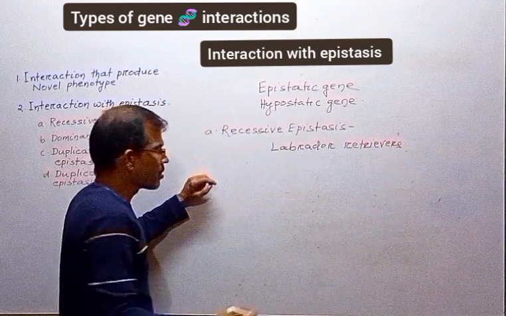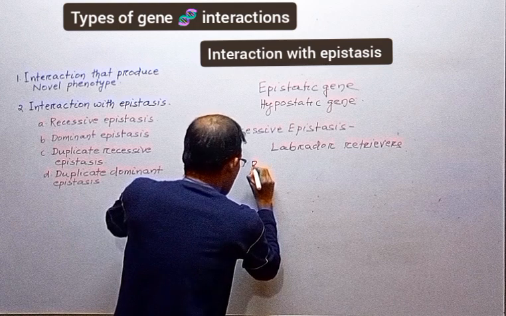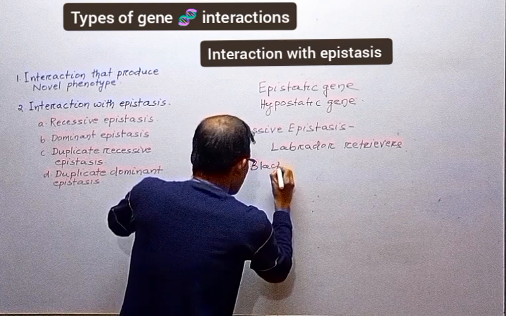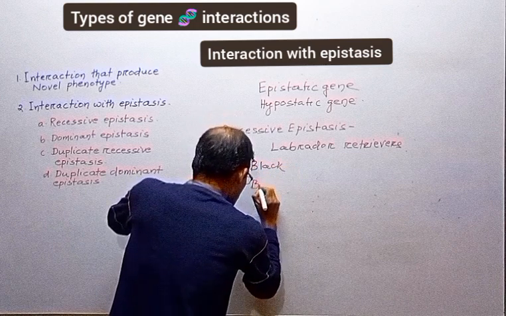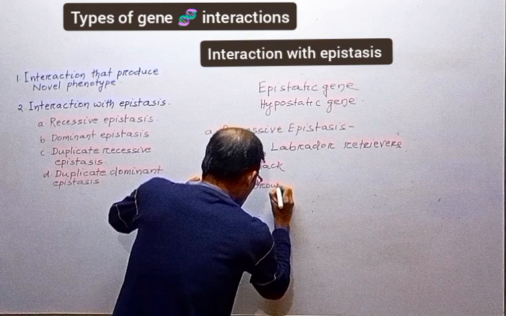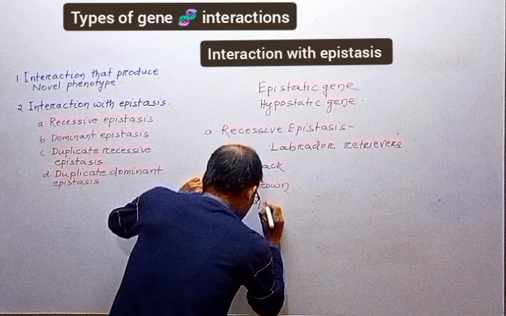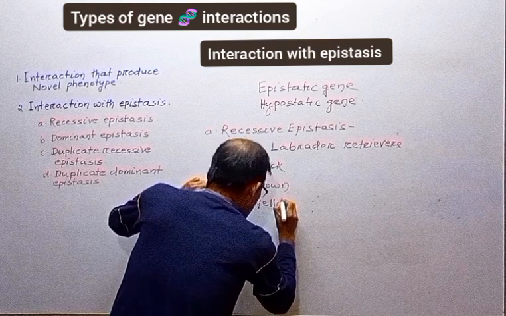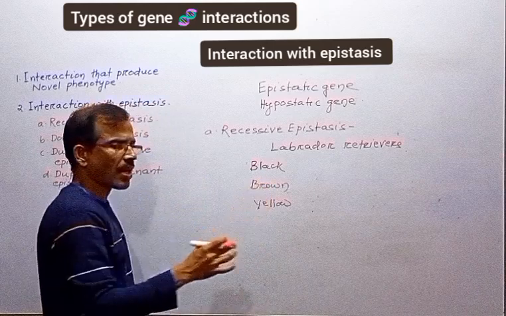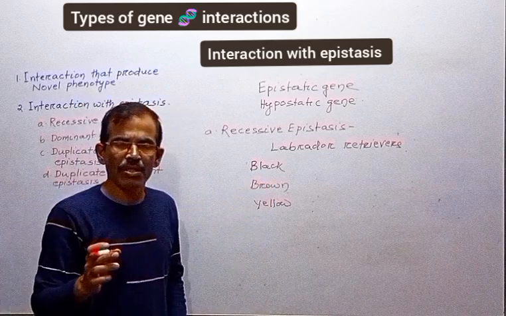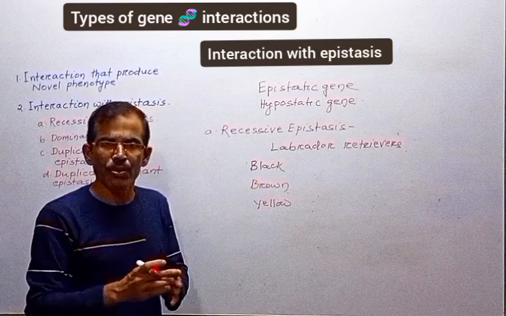In these dogs, the coat color can be black, brown, or yellow. These coat colors are determined by interaction between genes at two separate loci.